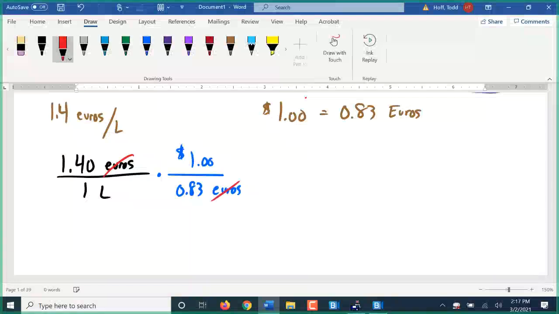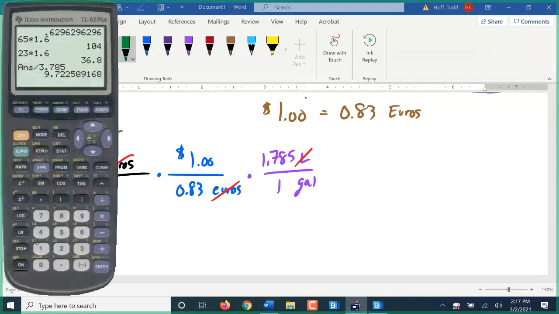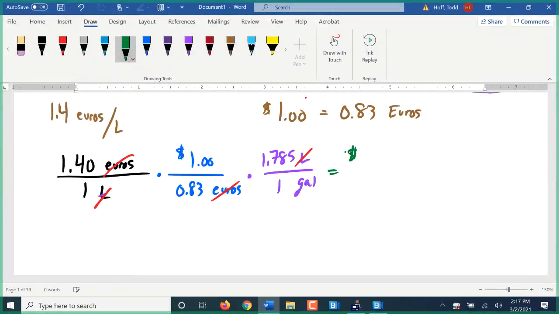So the euros cancel out. We now have dollars per liter. We want dollars per gallon. I'll put liters on top so they'll cancel out. Going into gallons, 1 gallon, 1.785 liters. Liters cancel out. And now we can multiply things out. 1.4 times 1 times 1.785 is $2.499, which we're going to round to $2.50 because that's typically where we round dollars.